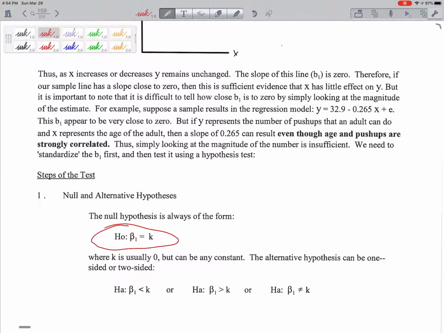Now it could be that k is equal to 0.5 and we're asking, hey, has the slope changed from what it was last year when it was a slope of 0.5? So we could look at a question like that.